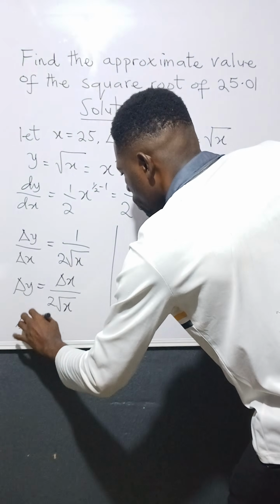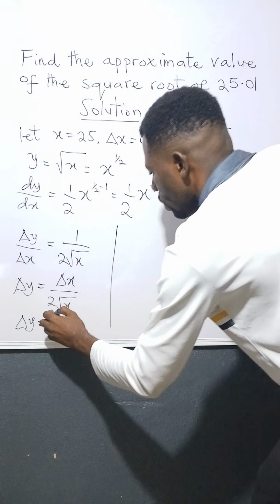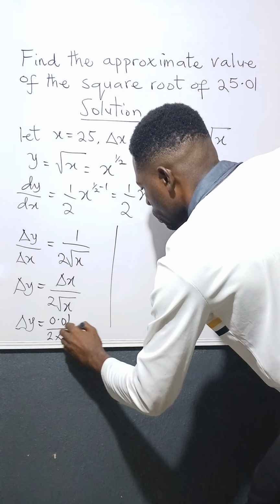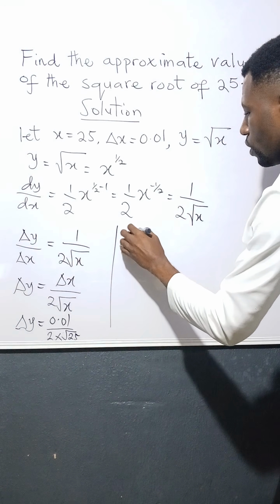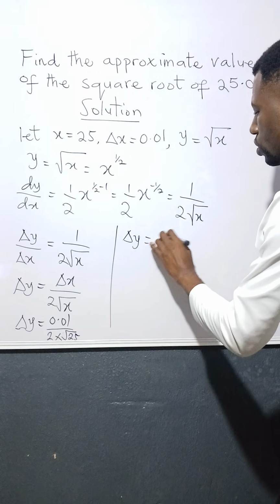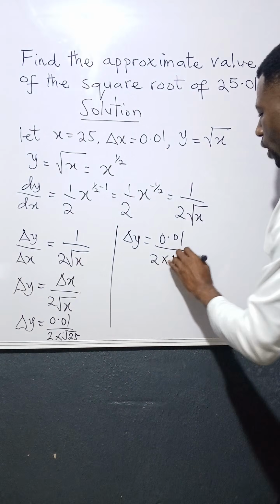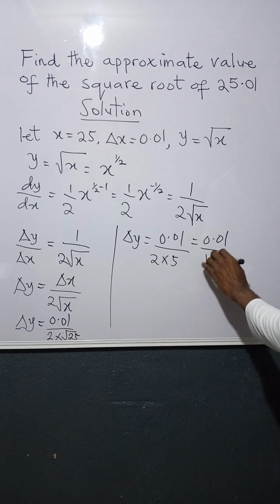That will give us change in y, as change in x is 0.01, as 0.01 over 2 times the square root of 25. And change in y will give us 0.01 over 2 times 5, and that is 0.01 over 10.